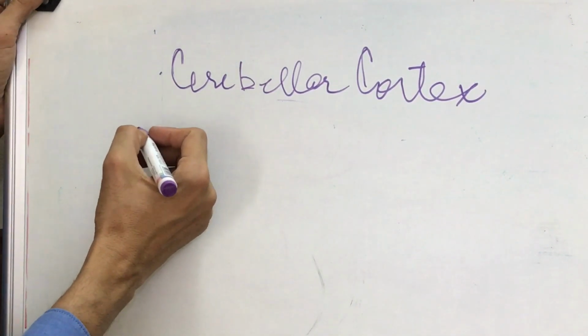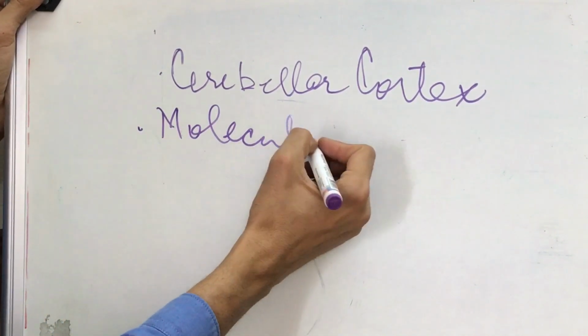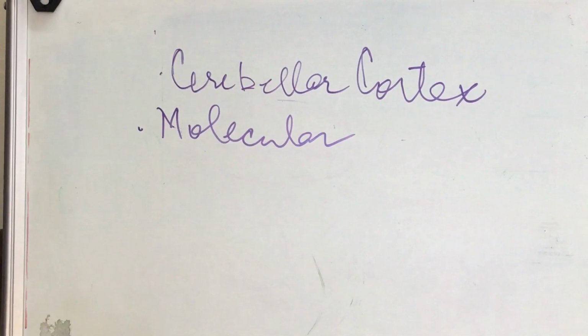The outermost is called the molecular cell layer. That is the most superficial, or the outermost.